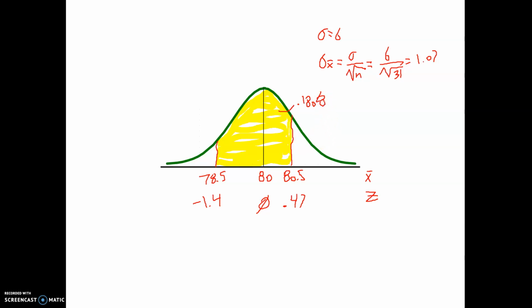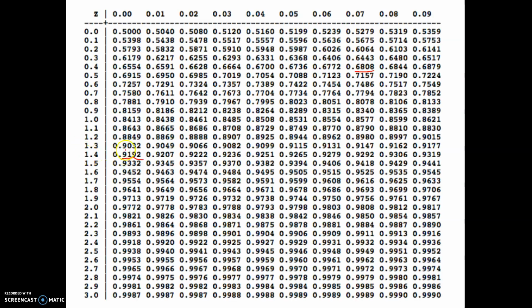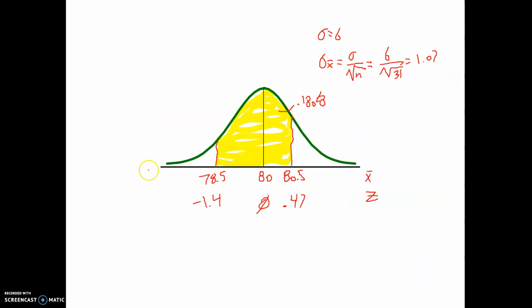Okay? And then we're going to find the negative 1.4. To do this, we go back to our z-table, find 1.4, and we get 0.9192. Well, that means, because it's a negative z-score, that we're starting from this tail. So we have a 0.9192 probability of getting a z-score in this range here. But we don't want that range here. Okay, so we need to take the 0.9192 and back out this half, which leaves us with 0.4192.